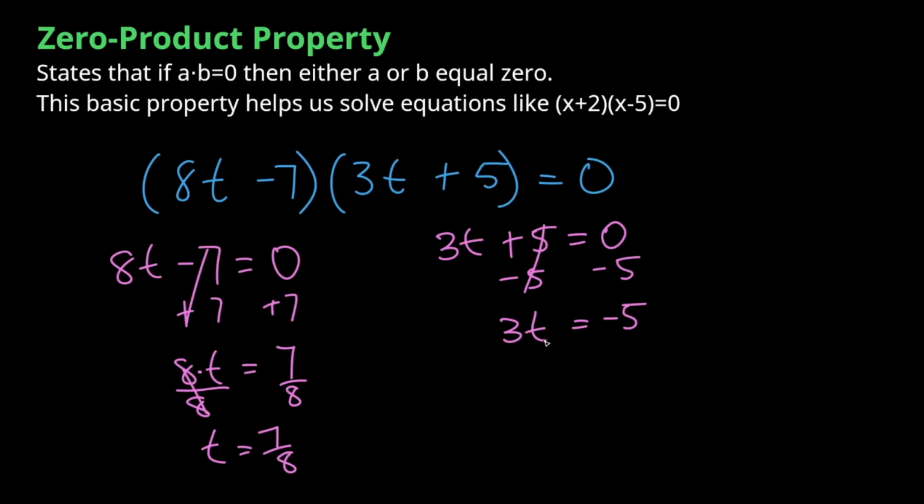This is 3 times t. We need to divide by 3 to undo it. So we have t equals negative 5 over 3. This means when I plug in negative 5 over 3 into this right here, we end up getting negative 5 plus 5, and that equals 0, which then makes this true.